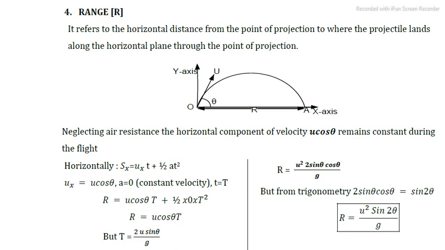Our number 4 will be the range, and range means the horizontal distance from the point of projection to where the projectile lands along the horizontal plane through the point of projection.